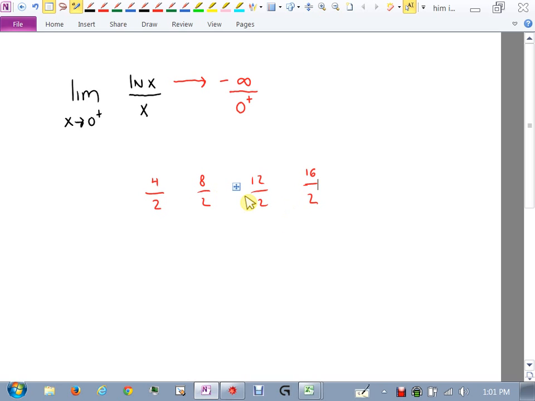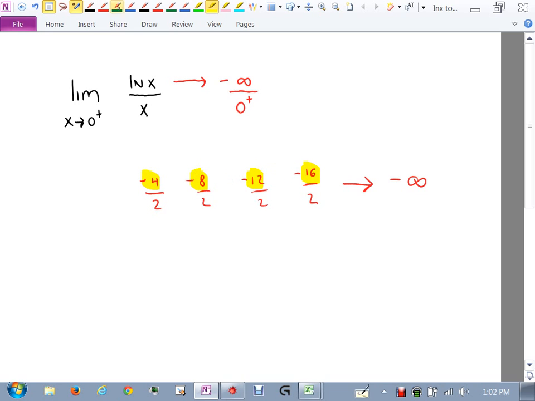It gets bigger, right? So if the bottom were staying the same and the top was going to infinity, this thing would go to infinity, right? Negative infinity. Let me put negatives up there. So that would head towards negative infinity, right? That's only if the top was getting bigger and bigger and bigger.